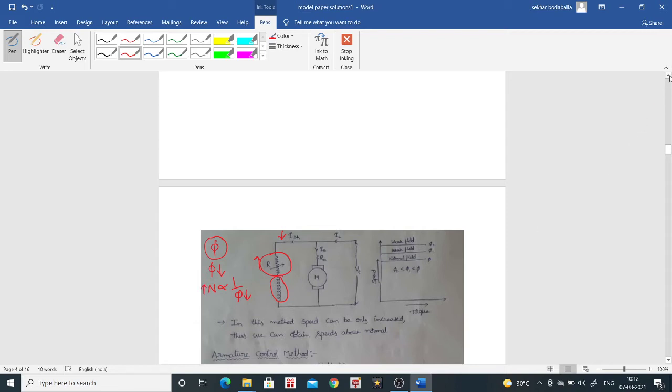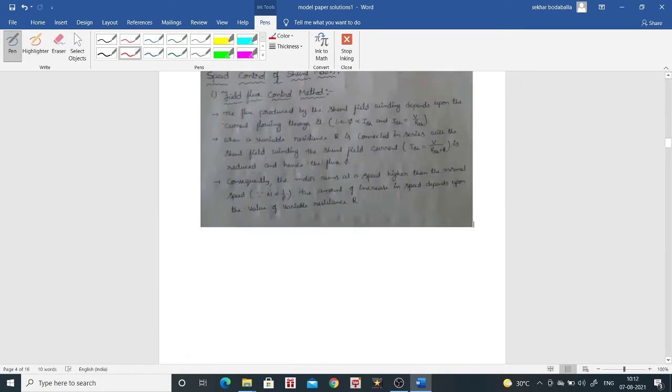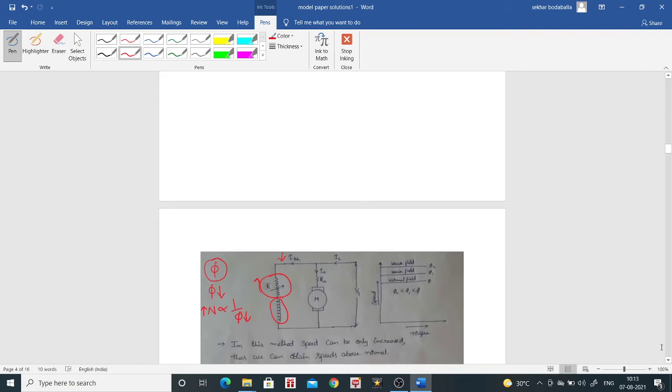Now let us understand point by point. The flux produced by the shunt field winding depends upon the current flowing through it, that is ISH. ISH is equal to V by RSH. In the diagram, the terminal voltage applied to the motor comes across the field winding, and RSH is the field winding resistance.